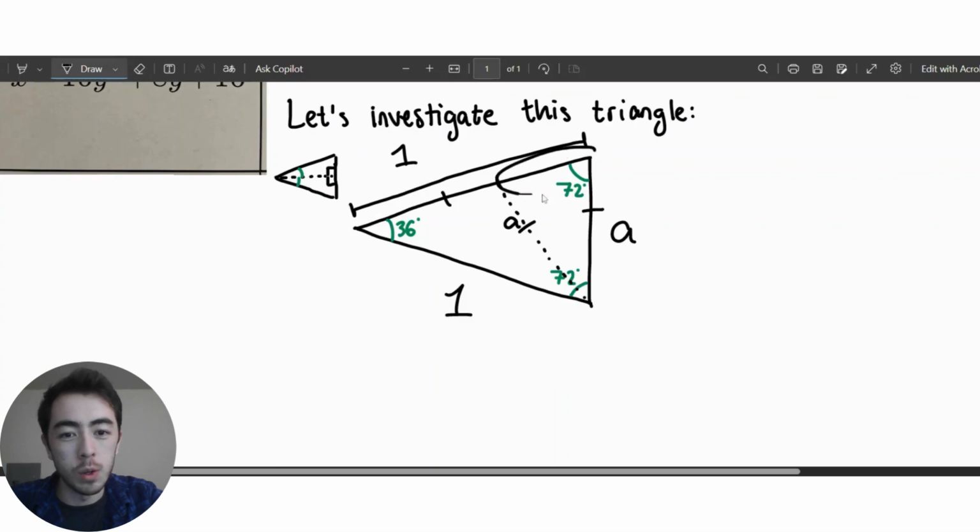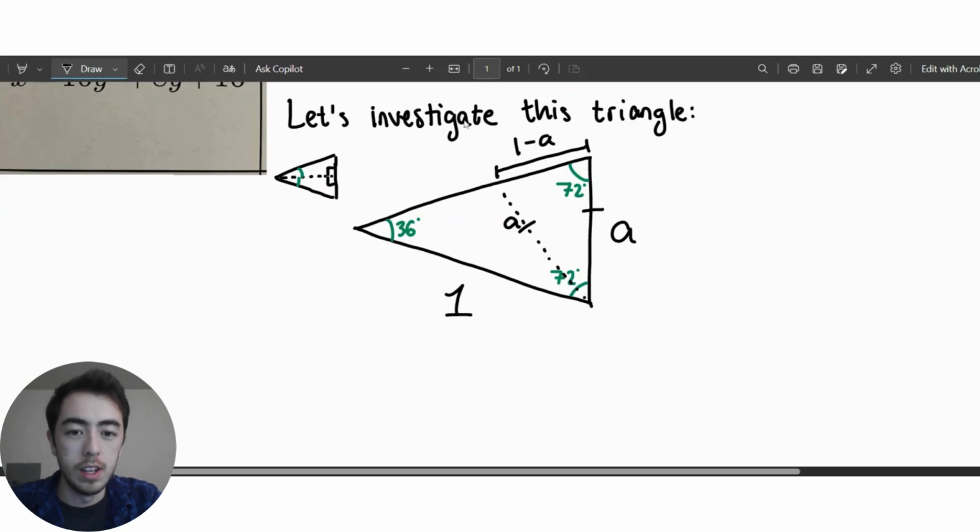Ultimately, to get this shorter length, I will do 1 and then take away an A, because that's this length there. Okay, so a lot of lines. Let me clean this up. Essentially, this length is 1 minus A. All right, so I got some similar triangles.